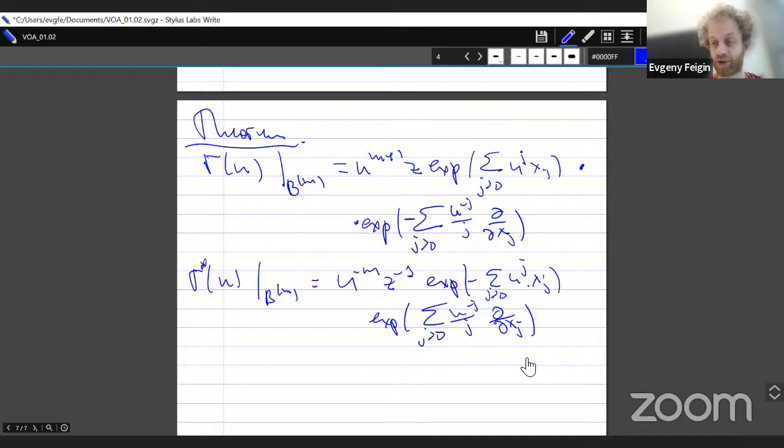An exponent is of course an infinite series, but let's see how it works. The right-hand term is an exponent of the derivatives, so if you apply it to a given polynomial, only a finite number of terms survive.